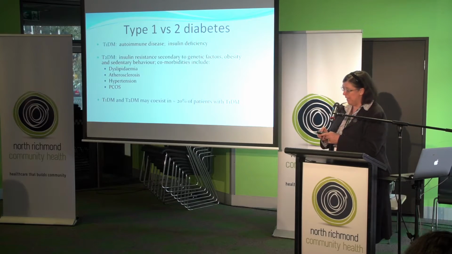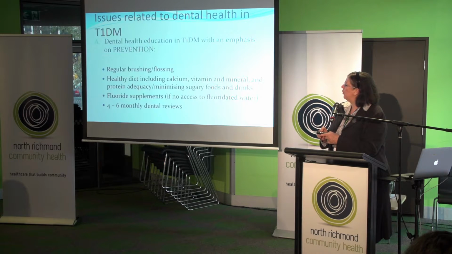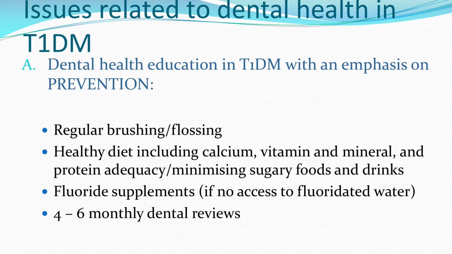Type 1 and type 2 may coexist in 20% of patients with type 1 diabetes, and whether you've got type 1 or type 2, half of these patients will die with cardiovascular disease, and both have issues with periodontal disease.